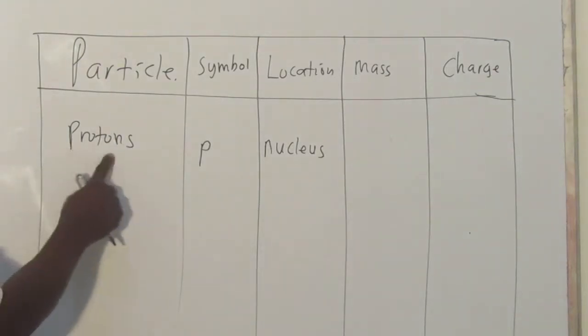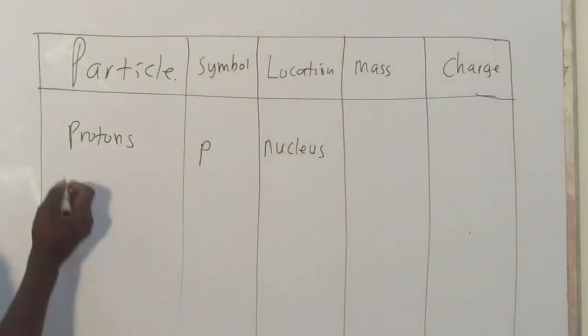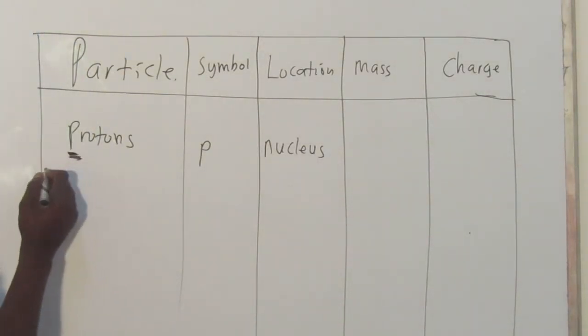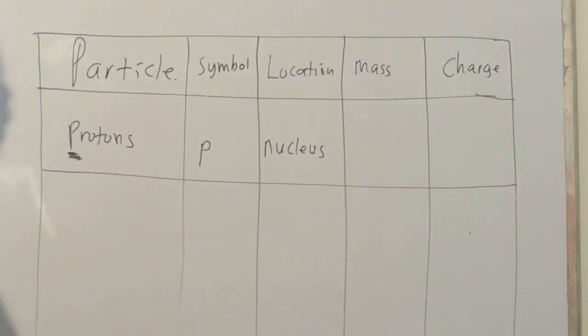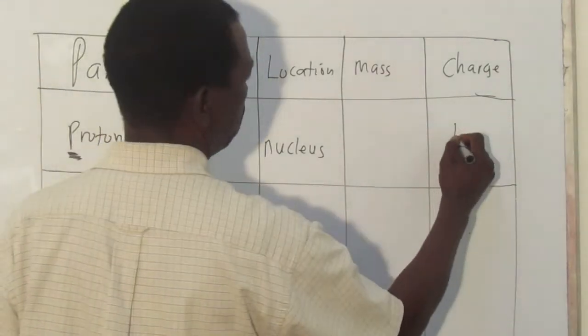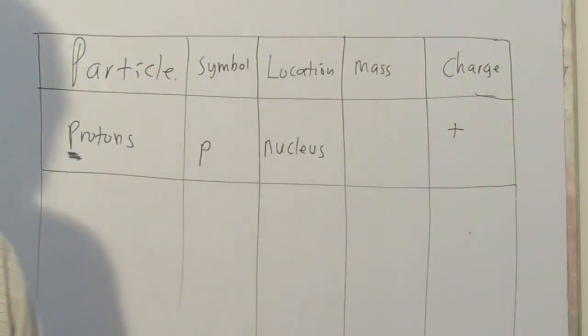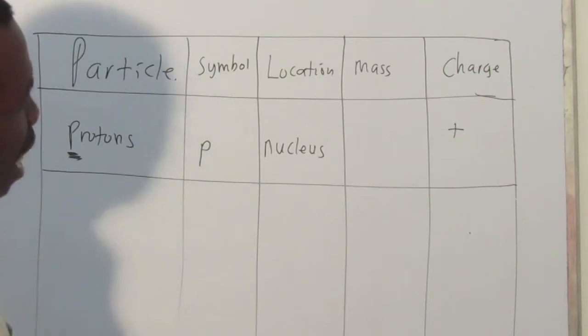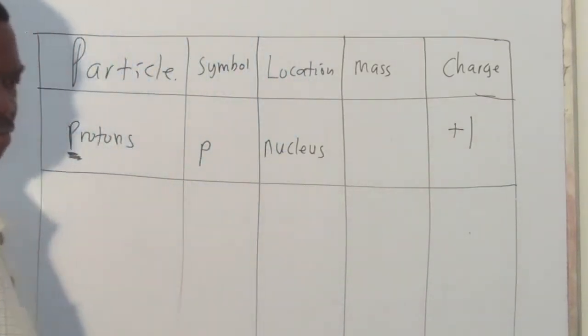We remember it with protons. But I will try to use the P so that you'll understand that P simply means it is the positive. So in other words, the protons are positively charged. And most of the time, we write the 1.